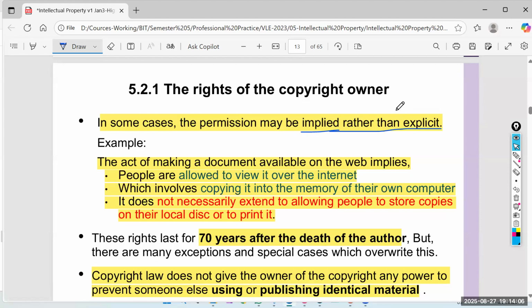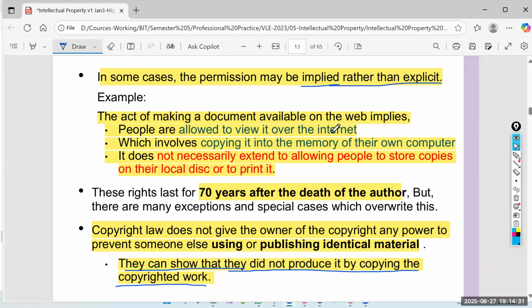So basically, it's implicit, but there are certain things you can do to make it a little more explicit, so that in case of a dispute or legal case, you can prove it easily. At the same time, those are also optional, but it really helps. So that is the first thing you need to understand.